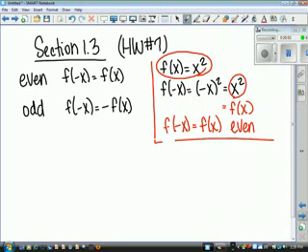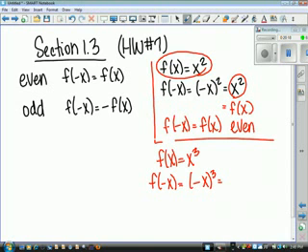So that's how you prove something's even or odd. You have to do f of negative x. So let's take our most common odd function, x cubed. Well, if you do f of negative x, you substitute negative x into x. Well, if you cube negative 1 and you cube x, you get negative x cubed.